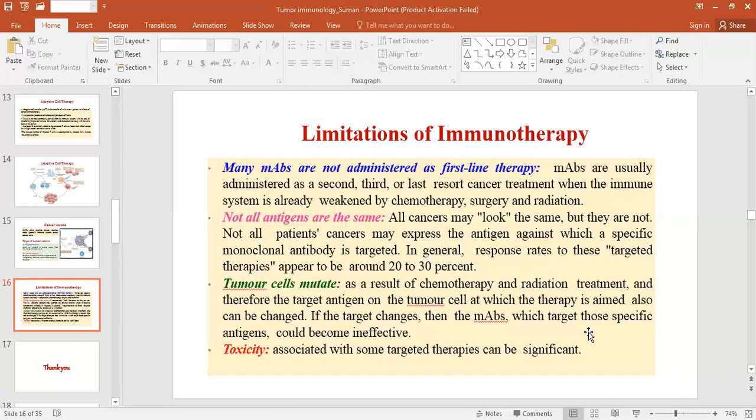The monoclonal antibody has a single binding site that is specific towards an antigen, could not attach to it, and could become ineffective. And the last one is toxicity. Toxicity is associated with some targeted therapies and it is significant. So we cannot use it because the toxic side effect is significant. So these are the limitations of immunotherapy in cancers.